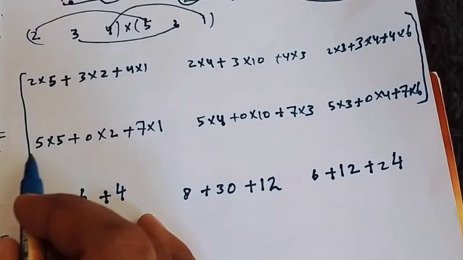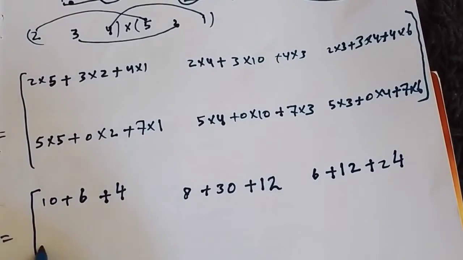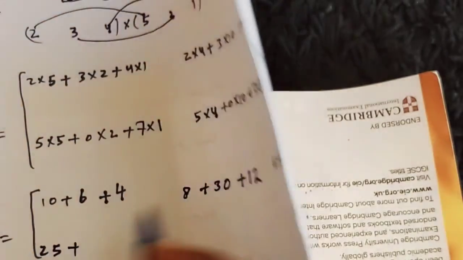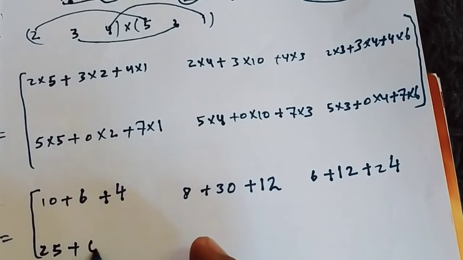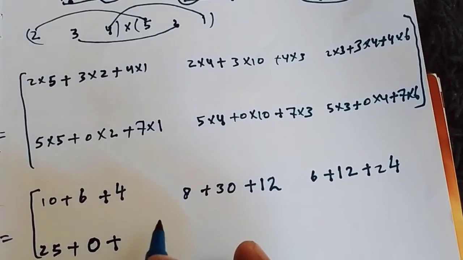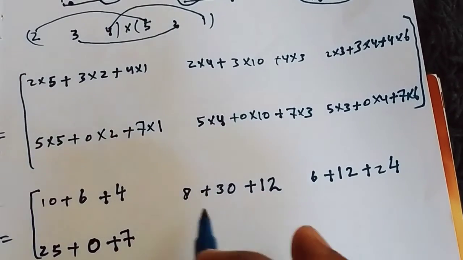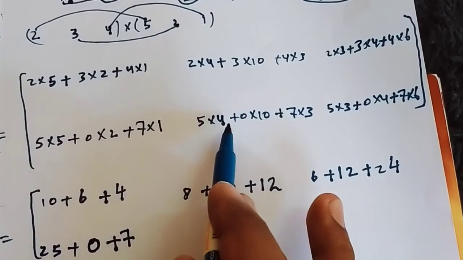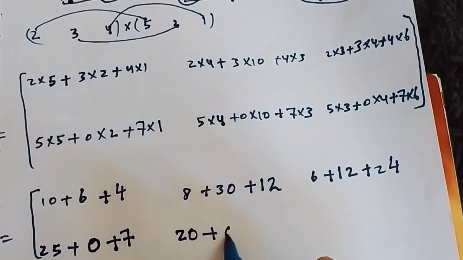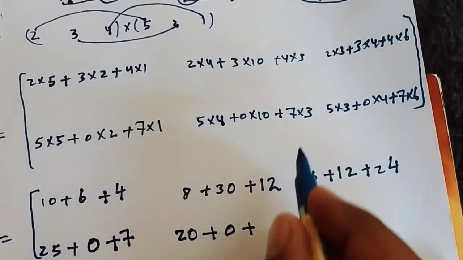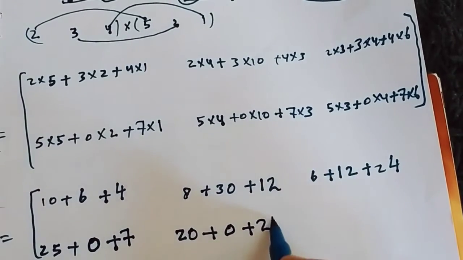And now the second. 5 multiply 5 equal 25, plus 0 multiply 2 equal 0, then plus 7 multiply 1 equal 7. Now 5 multiply 4 equal 20, plus 0 multiply 10 equal 0, plus 7 multiply 3 equal 21.